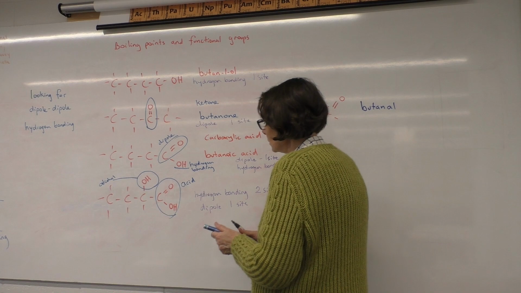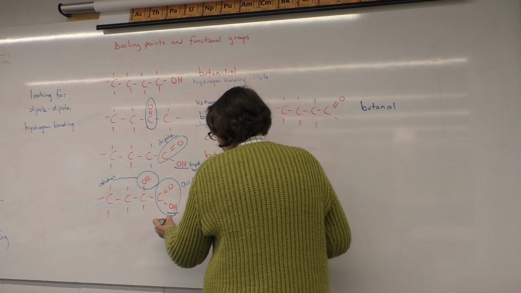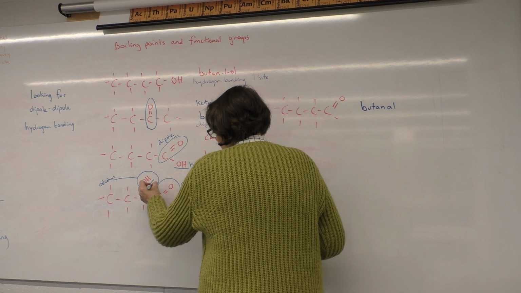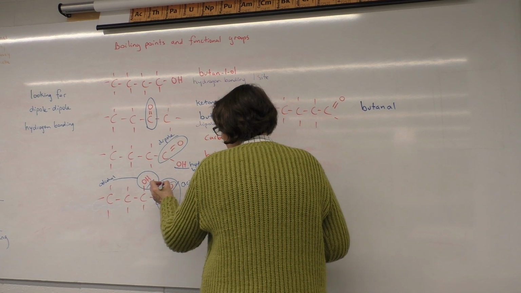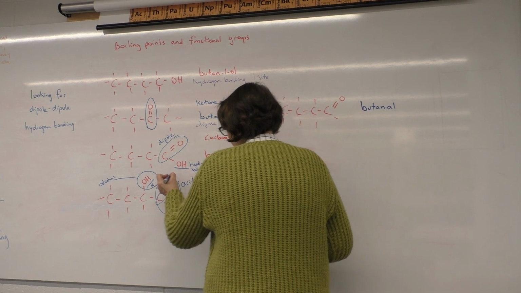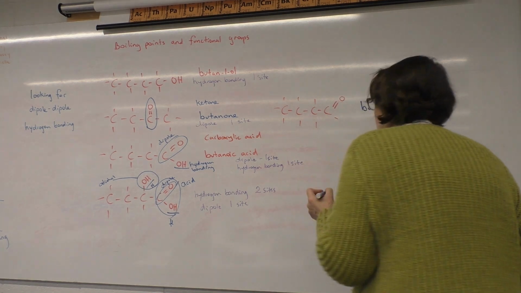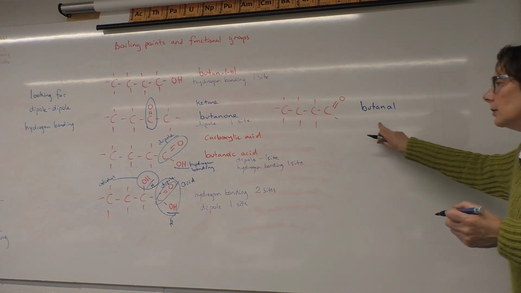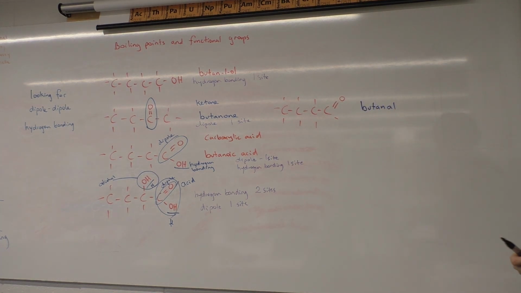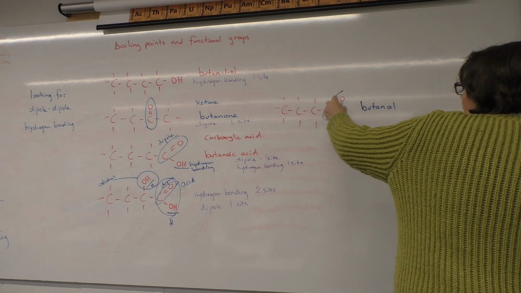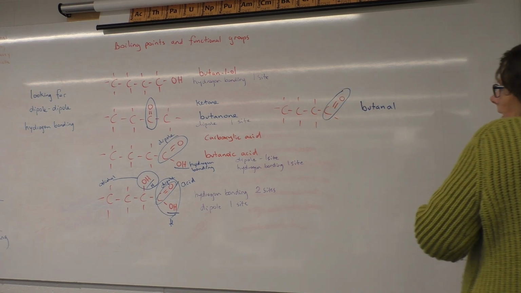So this one here is going to be the hydrogen bonding, and this one here is a dipole. And then lastly, we've got the butanol over here. What kind of? Dipole. Yeah, so we've got a dipole. How many? 1.